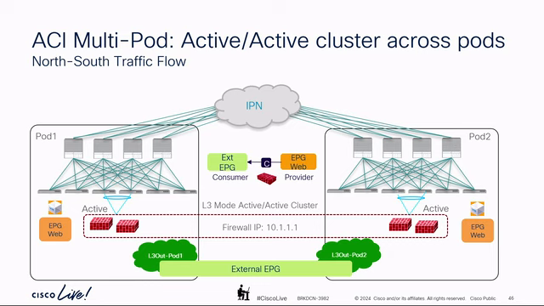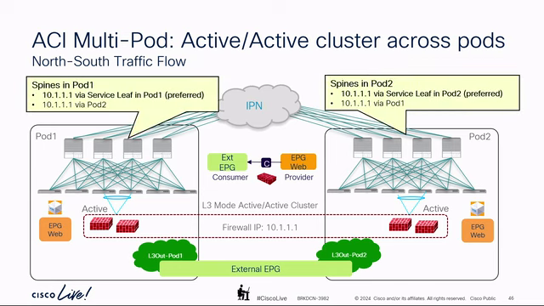For north-south, let's say you have an external EPG to web EPG contract, having 2 firewalls in each pod, and then it's one active-active cluster. For north-south, external EPG to web EPG, we always apply policy on the compute leaf instead of the border leaf.